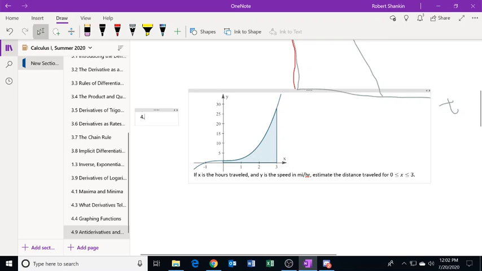Let me ask group 3. Does it make sense to anybody in group 3? I thought it was an exponential function, so it has to be x to the y. Okay, it could be kind of like an exponential function, and the type of function, we could try to get some hint from that.